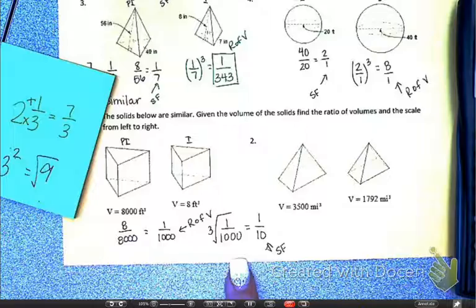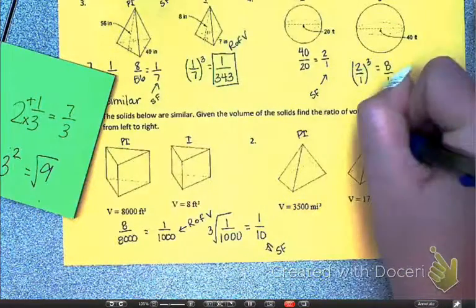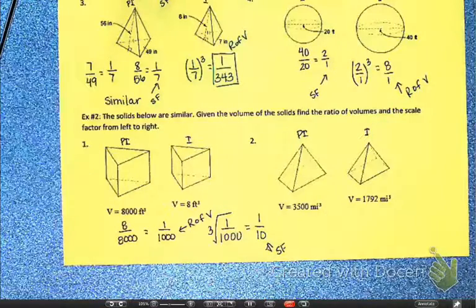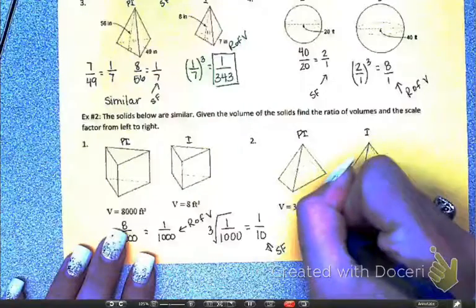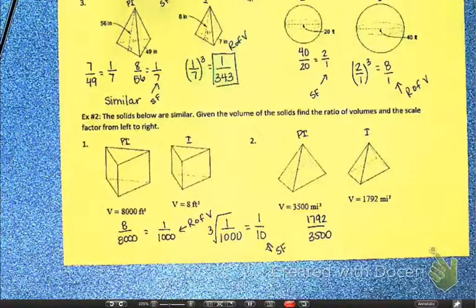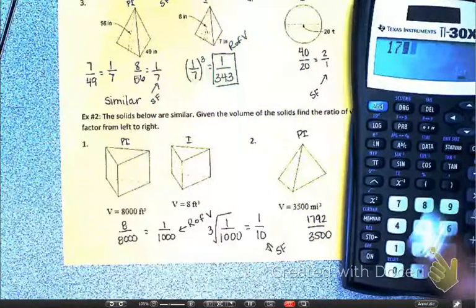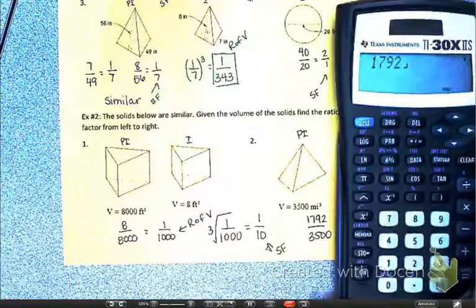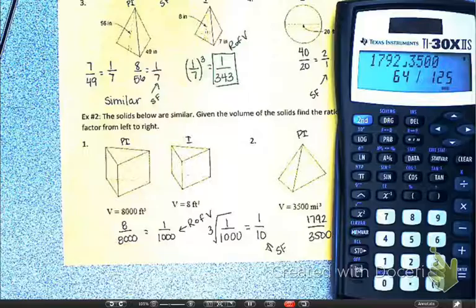Okay, I want you to try number 2. You and your group, try number 2. Okay, so image over pre-image. So 1792 over 3500. You can do that by hand, or we can plug in 1792. We hit our ABC button, 3500, and you get 64 over 125.